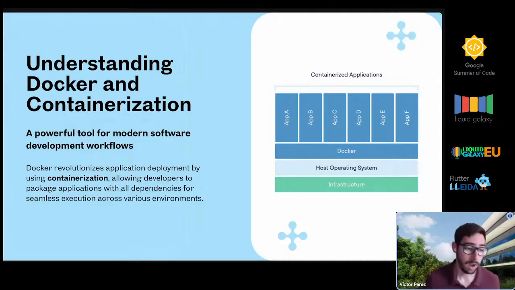The way it works is, if you check the diagram on your right, we've got the infrastructure, which, as I mentioned, could be your development server or a Liquid Galaxy rig, which is going to have in turn a host operating system. You may be working on Windows, whereas the Liquid Galaxy rig may work on Linux, or on macOS, or whatever operating system.